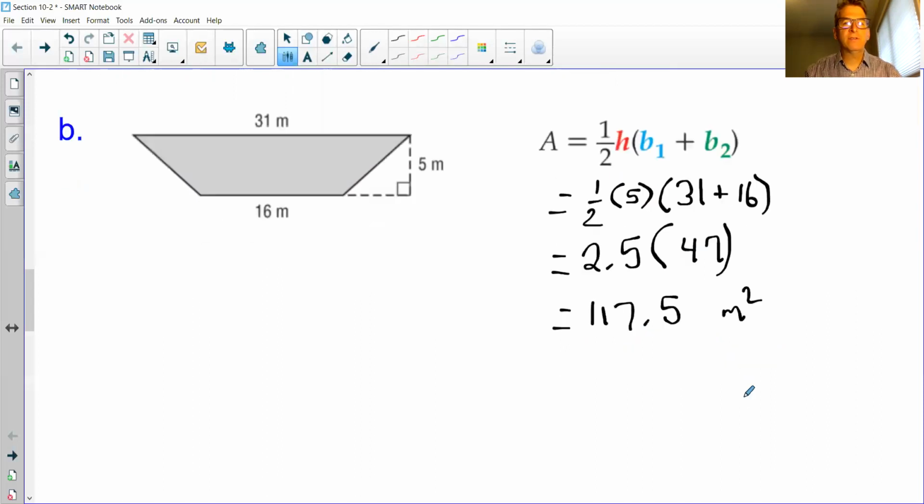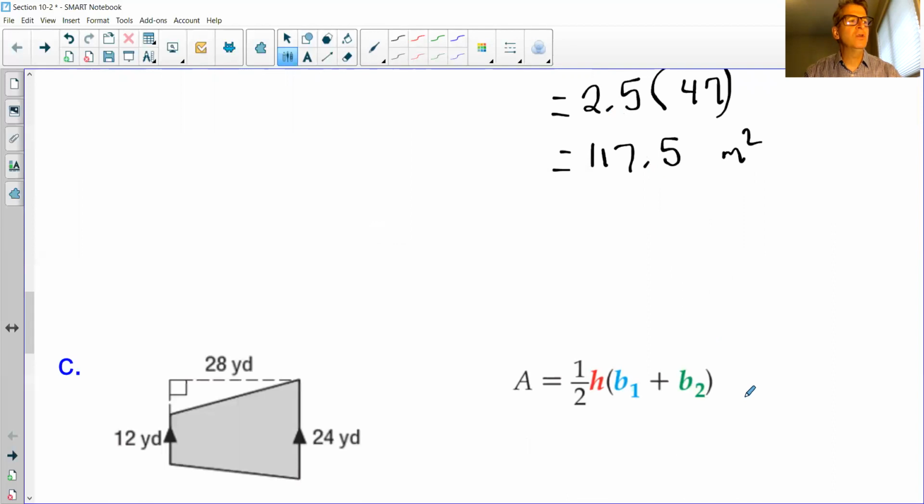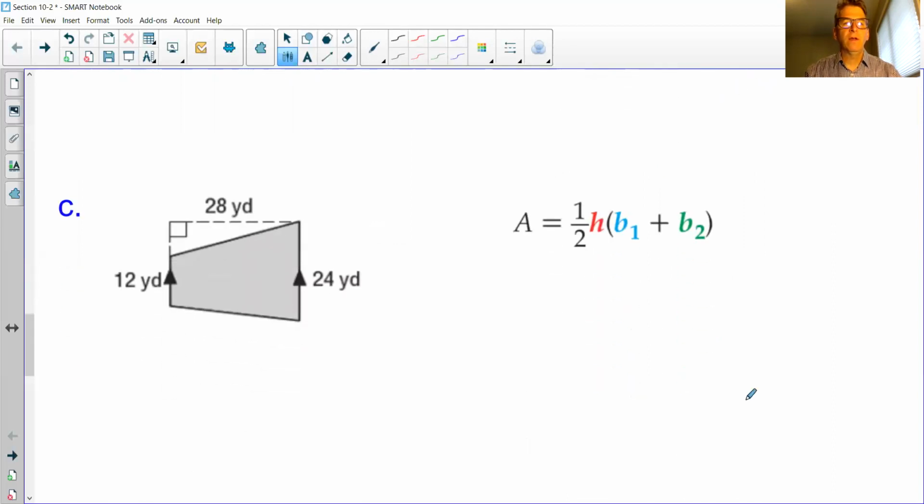Moving on to letter C, 7.2, areas of trapezoids. Here you go, you got a 12, a 24, and the height is 28. So 1/2 times the height, which is 28, times the sum, B1 plus B2, which is 12 and 24.